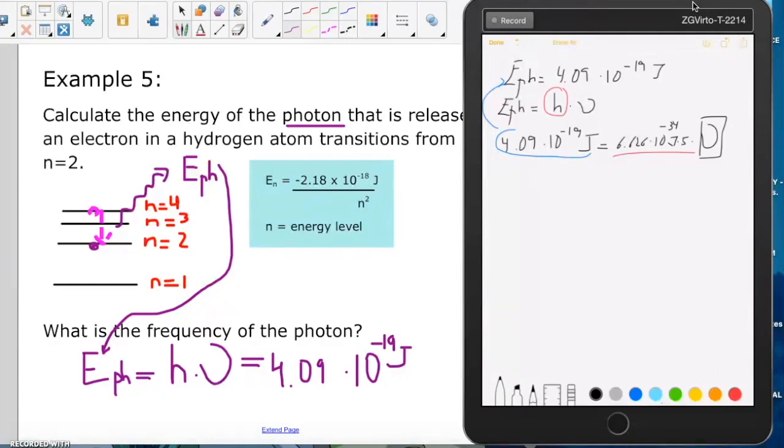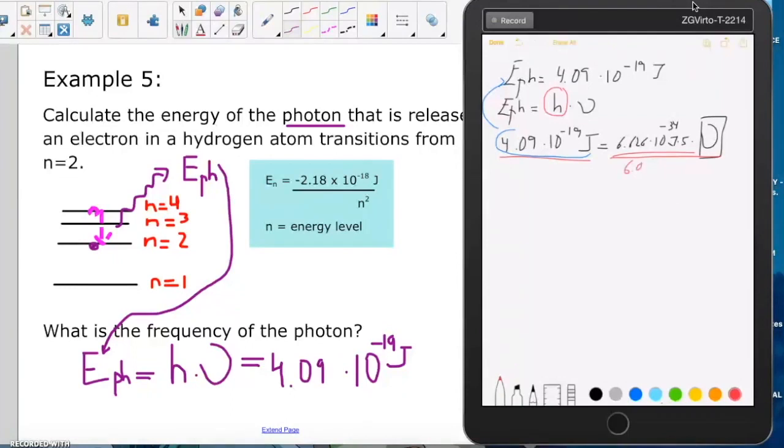And for that, we're going to solve this as a linear equation problem, as an algebra 1 problem, where we're going to divide both sides by Planck's constant.